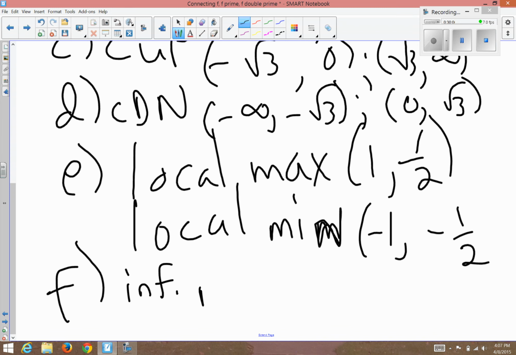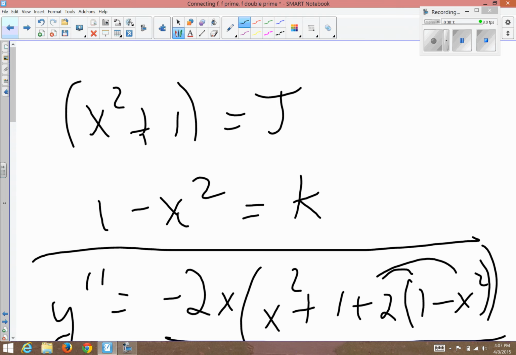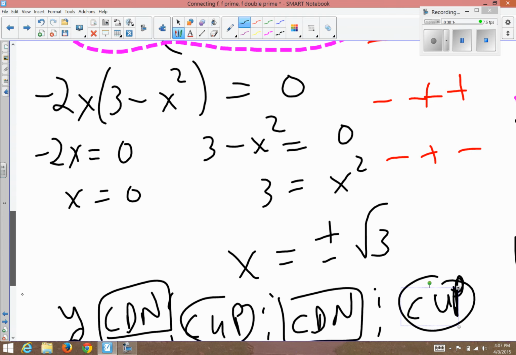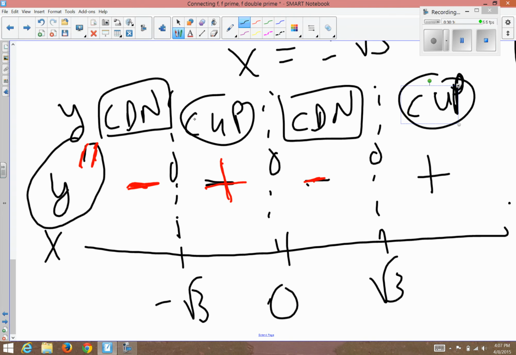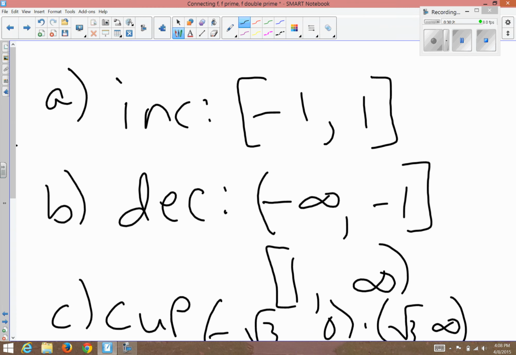That's where concavity changes. So we have concavity changing at this x value, negative radical 3, concavity changing at x equals 0, concavity changing at radical 3. So these are the x coordinates of the points of inflection.